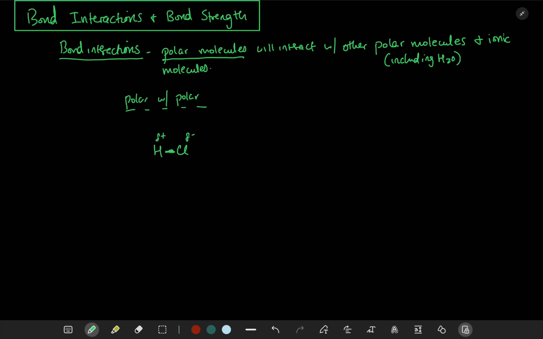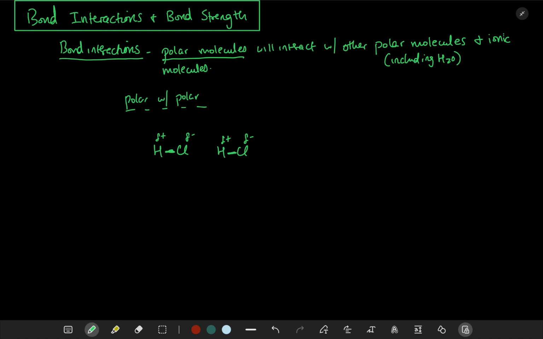And say we have another hydrogen chloride molecule, another HCl, and the same situation arises here. Across this polar covalent bond, the majority of those bonding electrons are going to be located closer to the chlorine nucleus because of its greater electronegativity, so it has a partial negative charge. Again, those electrons are away from the hydrogen atom, so it has a partial positive charge.